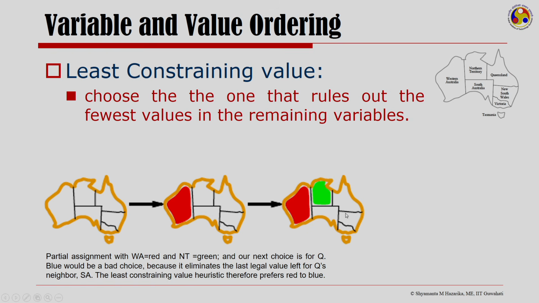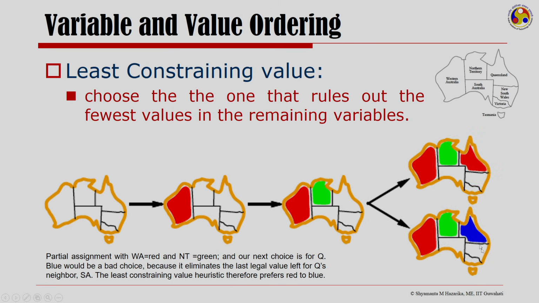We could now choose to color Q either blue or red, but we need to understand that blue is a bad choice because it would then eliminate the only legal value possible for SA.